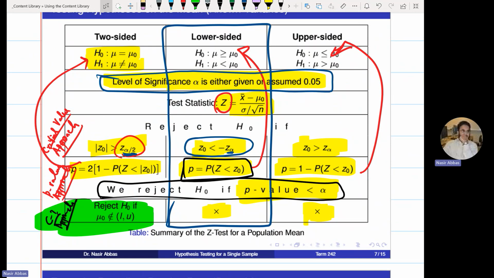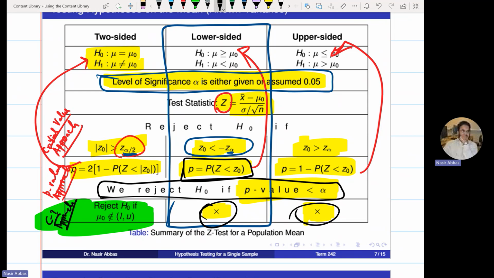You will see the cross marks here. So for one-sided hypothesis, we will test you only from two approaches, either the critical value approach or the p-value approach. But for the two-sided, we may ask you for the third approach also. That is, we may ask you for constructing the confidence interval and testing the hypothesis using the confidence interval approach also.